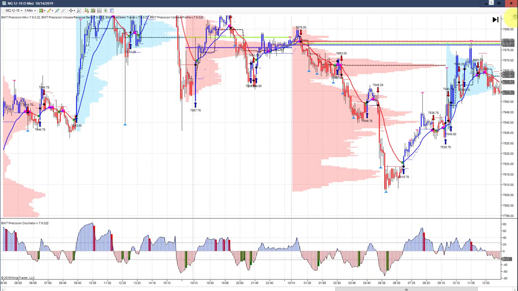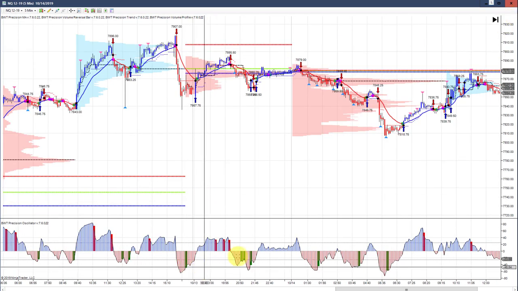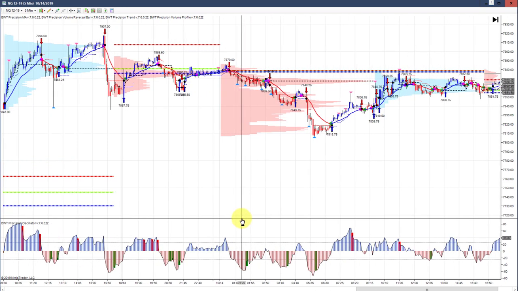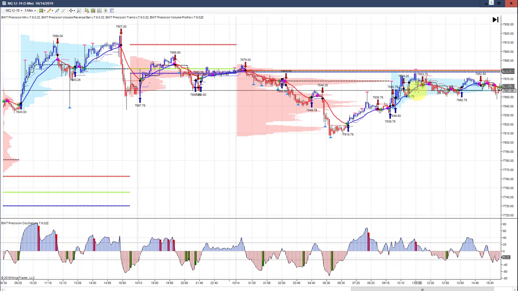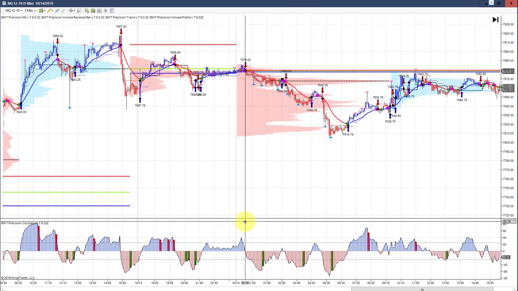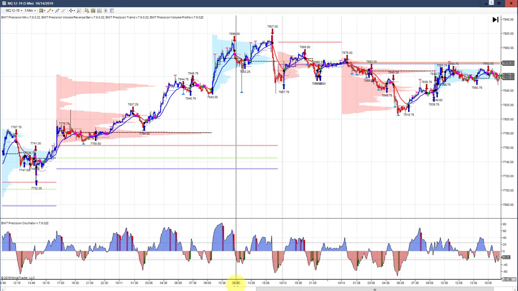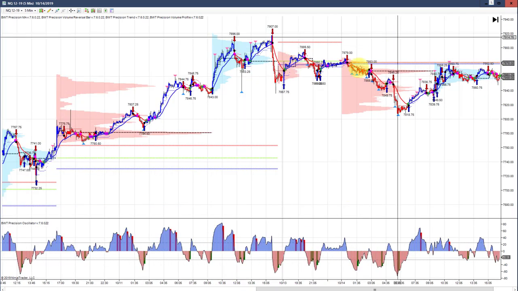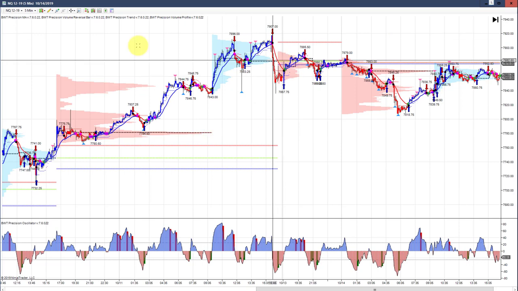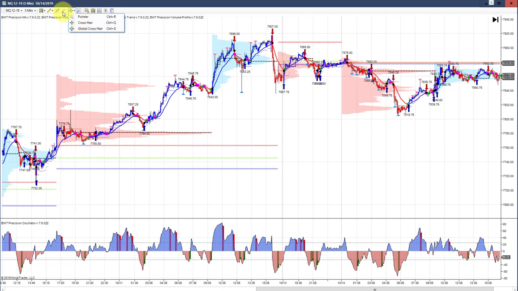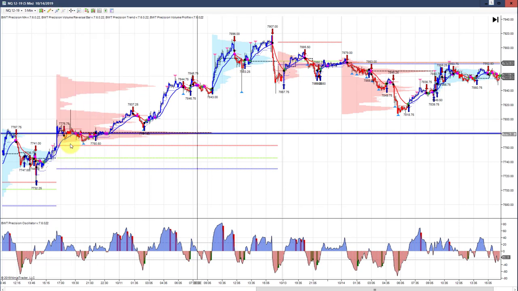Now back to our volume profile, and again, choosing levels of support and resistance. This is today's session here. So let's look at where support and resistance might be, and I'll show you how I would draw it here on a blank chart. It would basically start here. So we have 77.80.